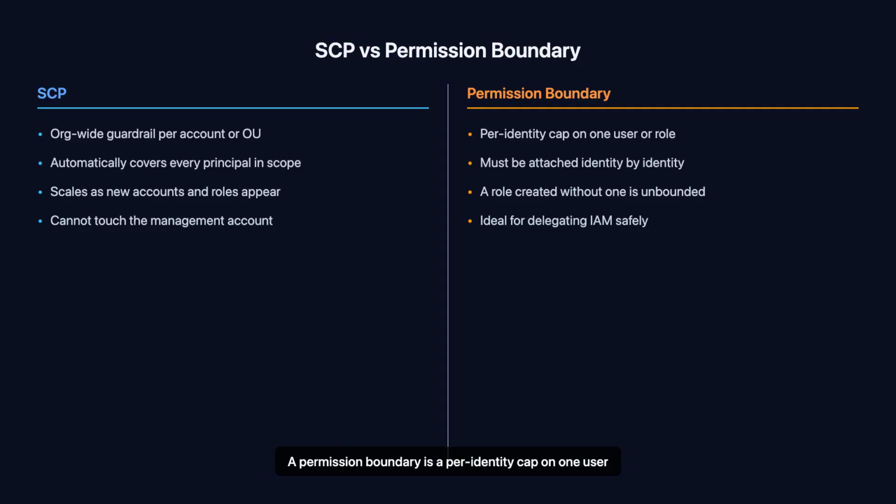A permission boundary is a per-identity cap on one user or one role. You must attach it identity by identity, which means a role someone creates without one is completely unbounded. But it's the perfect tool for delegating IAM safely. Same job, capping, but one is automatic and broad, the other is manual and surgical.